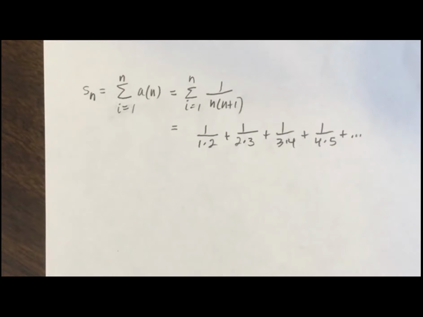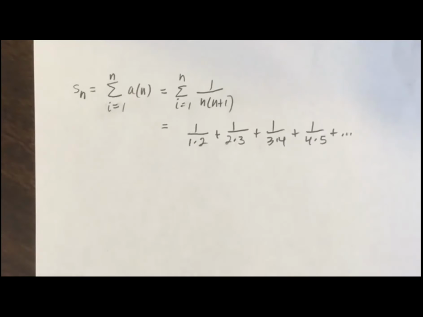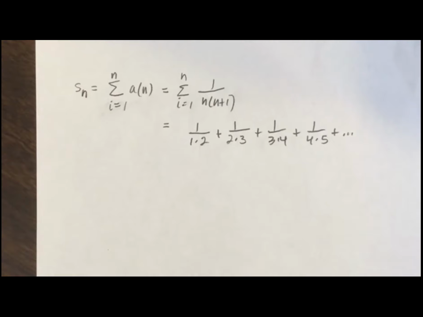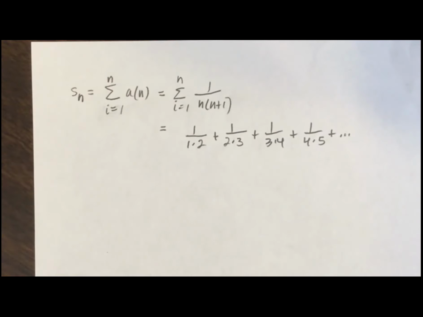This looks like the ratio changes. There's no fixed ratio this time. It's like a separate function. Yes, it is. In fact, that's why it's not geometric. For geometric, it has to be a fixed ratio, and here the ratio is changing.